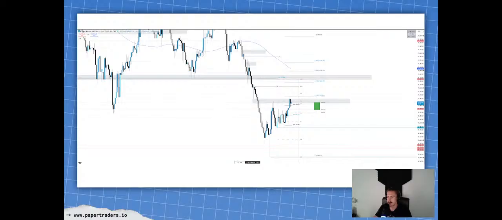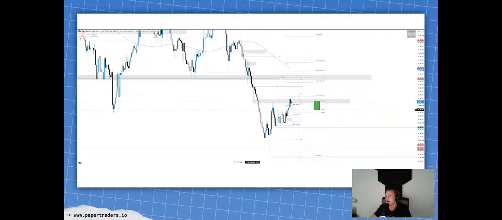Here we can look for price to potentially retrace up to it and see if we get any kind of rejection from there. Downside, rejection, continue. On the hourly, we also have this fair value gap that price tapped into.